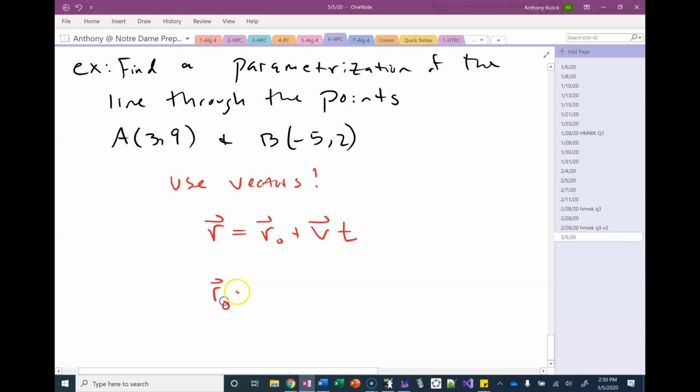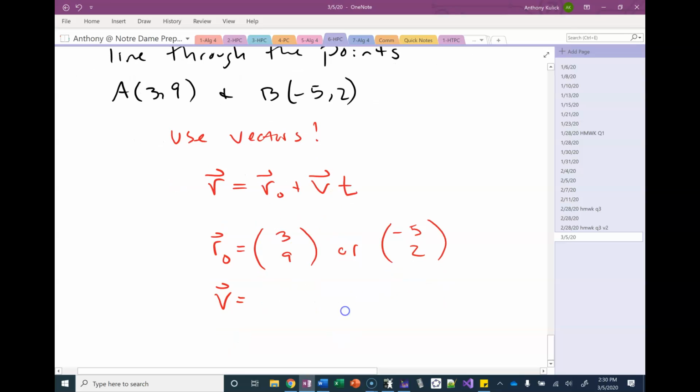That was a point vector, so I could use either (3, 9) or (-5, 2). It doesn't really matter, right? What was vector v? That was the slope vector, right? So I can use either the vector AB or the vector BA. It doesn't really matter.